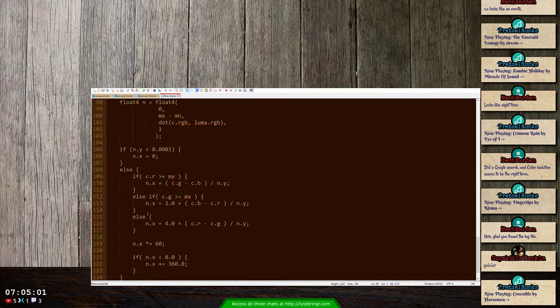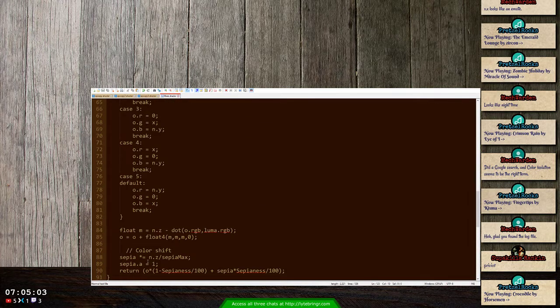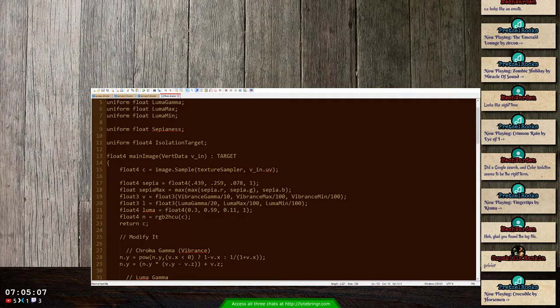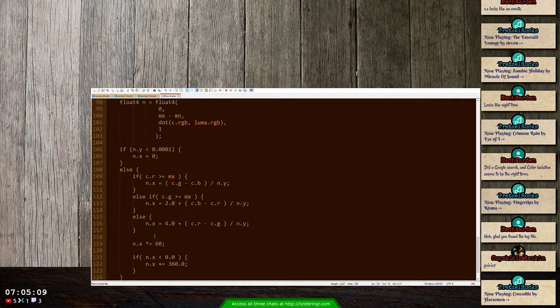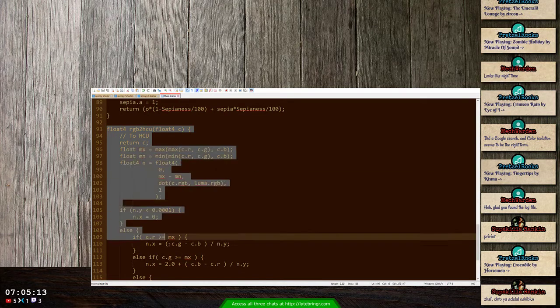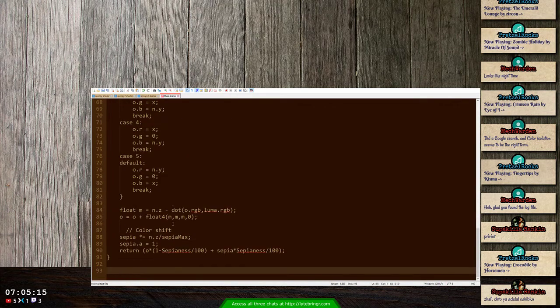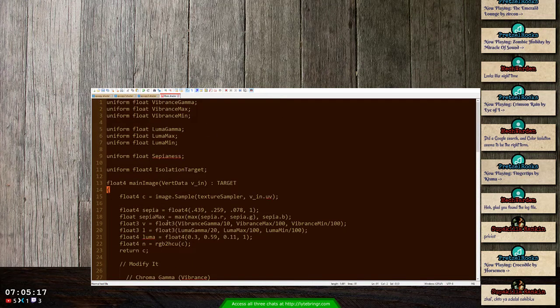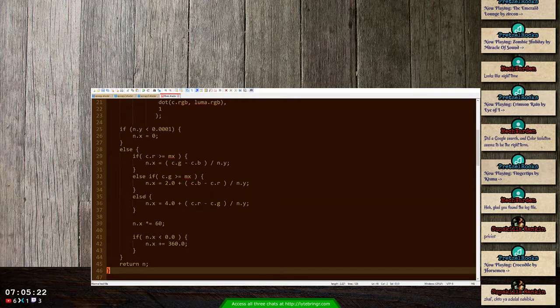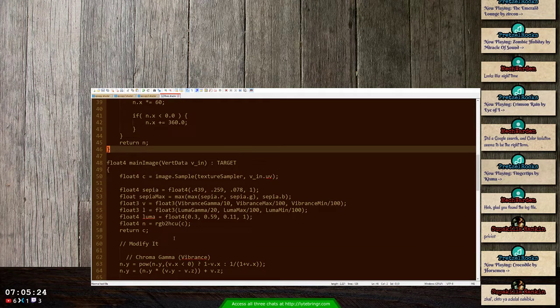What did we do? We returned N. I also might need to define this function earlier. There's certain languages that very much care the order in which you define your functions. Oh, this one doesn't care.